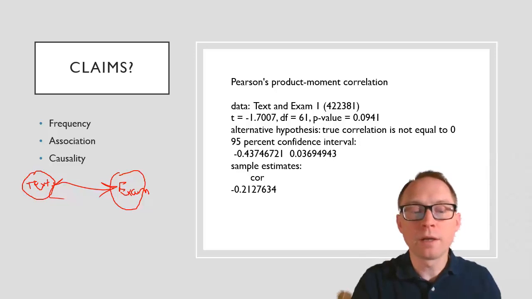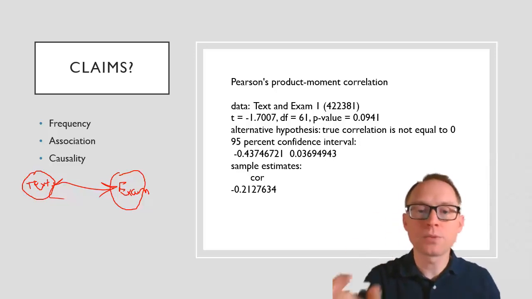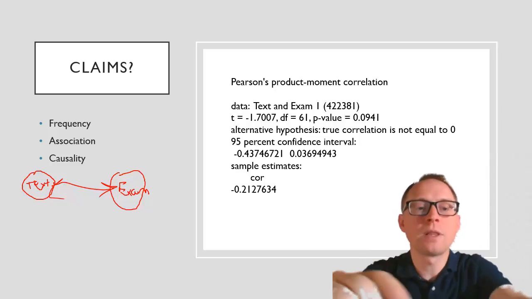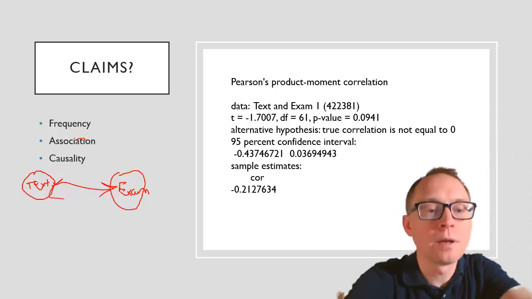This would be a bivariate correlation. We count the number of texts, we count the number of exam scores. However, let's say that you think that there might be something else going on. You think that the number of texts you send might affect your exam score, but it depends. Texts lead to lower exam scores generally. That's what these two would say. But let's say that we think that there's another variable in here.